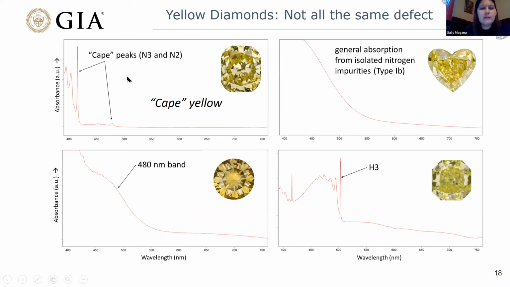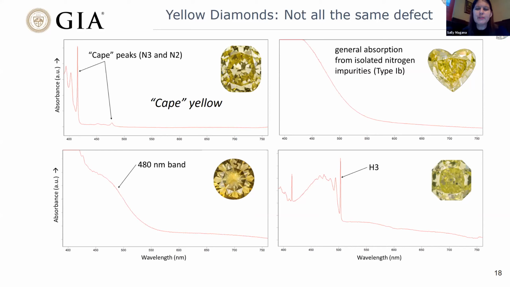So up here in the upper left, we have so-called cape peaks. And we see that in about 70% of yellow diamonds, that's the dominant cause of color, where we see peaks at about 415 nanometers and 472. And so the vast majority of yellow stones do get their color from these nitrogen-related peaks. Over here on the right, we have a yellow diamond that has its color from the general absorption from isolated nitrogen impurities.